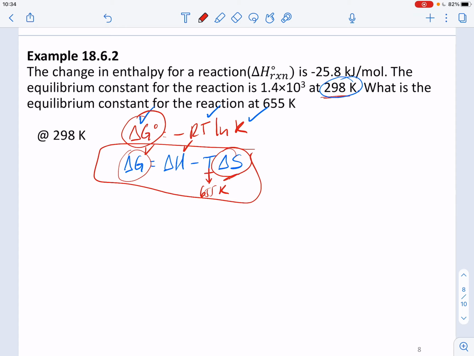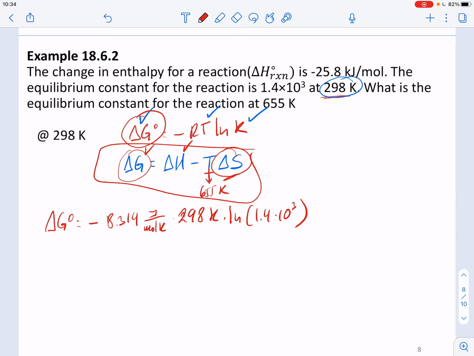Okay? So delta G is equal to minus 8.314 joules per mole Kelvin times 298 Kelvin times the logarithm of 1.4 times 10 to the power of 3.